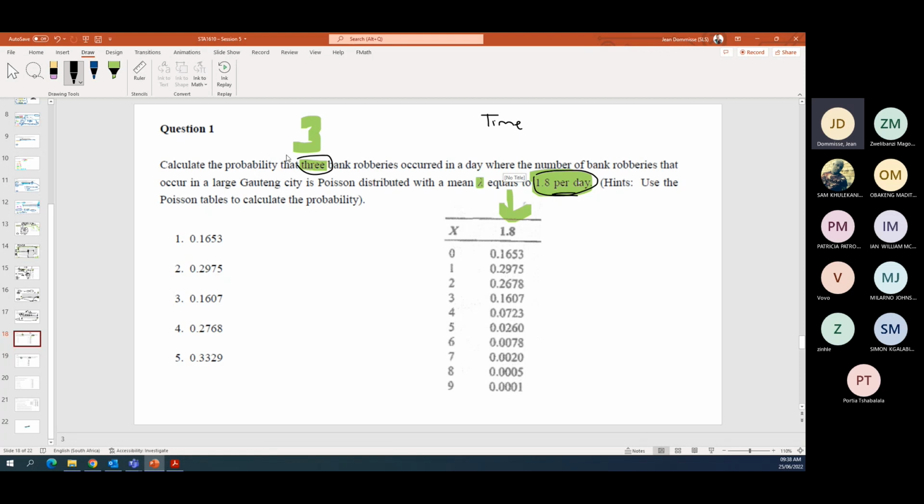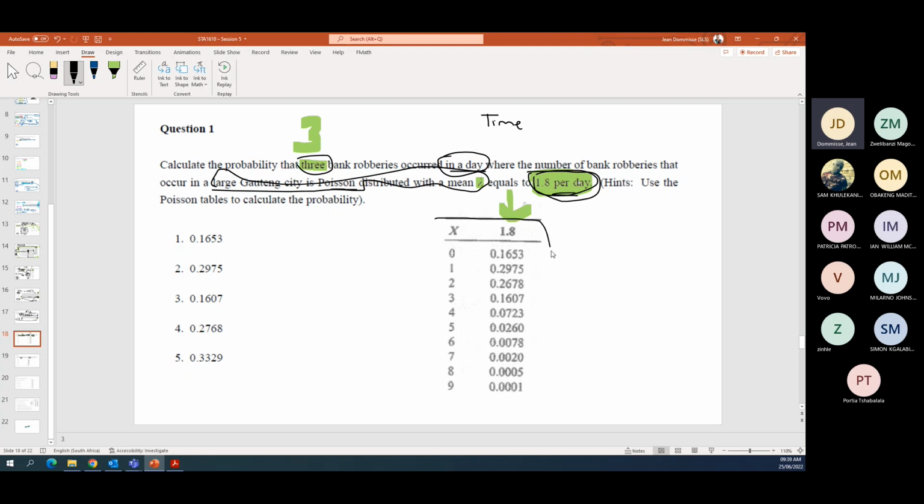Calculate the probability that 3 bank robberies occur in a day, where the number of bank robberies that occur in a large Gauteng city is Poisson distributed. So there we know it's a Poisson distribution. We could have seen it in the day, and here they also tell us 1.8 per day.